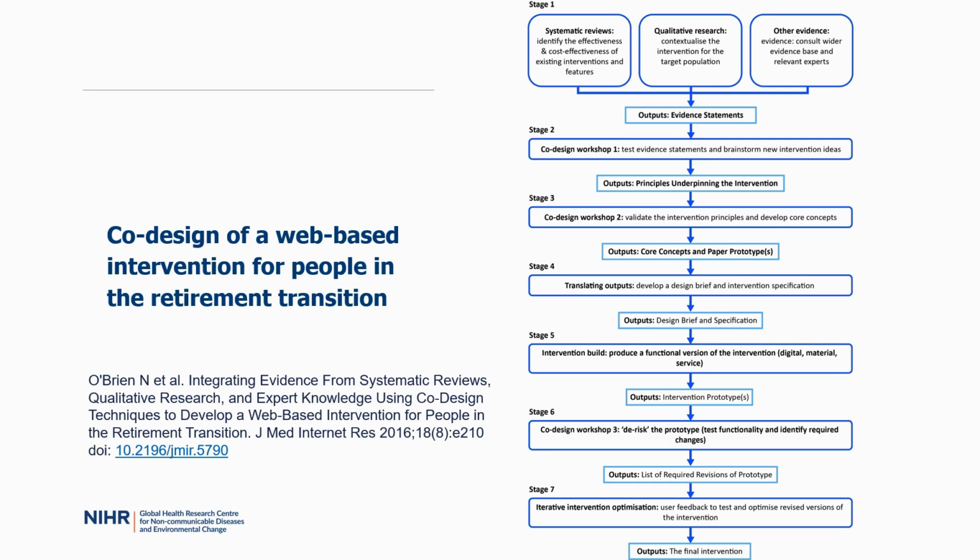And then taking the outputs forward to the second phase, they validated the intervention principles and core concepts. And then these outputs have been translated by the team. And then the final co-design workshop was conducted, de-risking the prototype, testing functionality, etc. So this is just an example. There is a lot of literature out there about co-designing different types of intervention that you can explore for your own work.